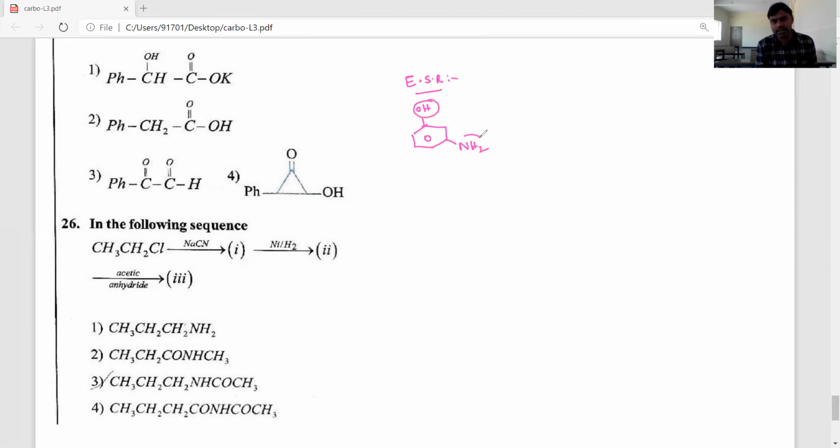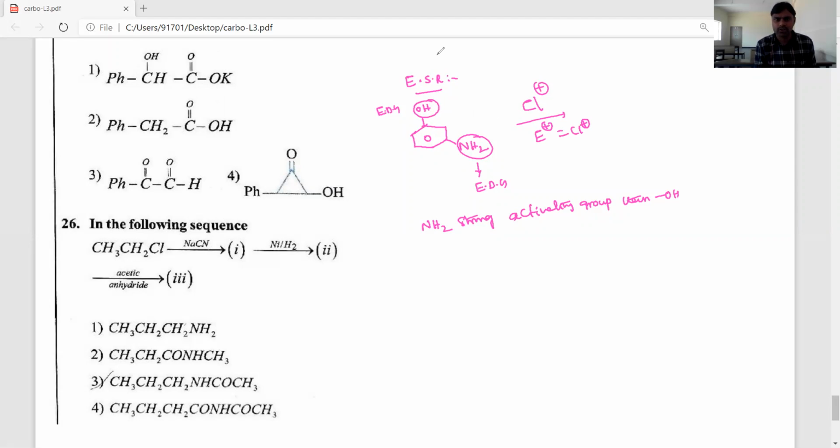This is an electron donating group and this is also an electron donating group. But NH2 is a strong activating group, then OH. This is an electrophilic substitution reaction. The electrophile E plus is Cl plus. What is the major product?